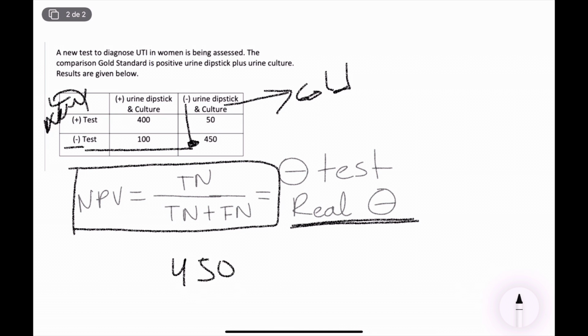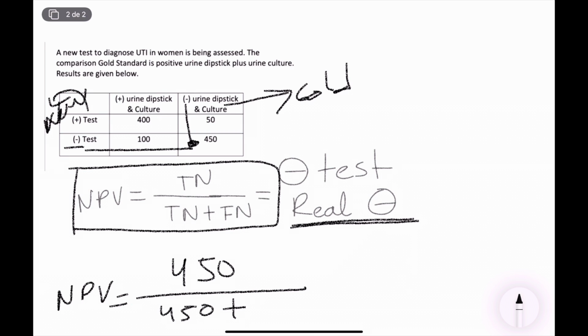So 450, the negative predictive value, divided by 450 plus false negatives. Those are the ones that the new test says are negatives, but they really have the disease. So in the gold standard are positive. So they are 100 people because they really have the disease, but the new test says that they don't. So the new test is wrong because they are sick.